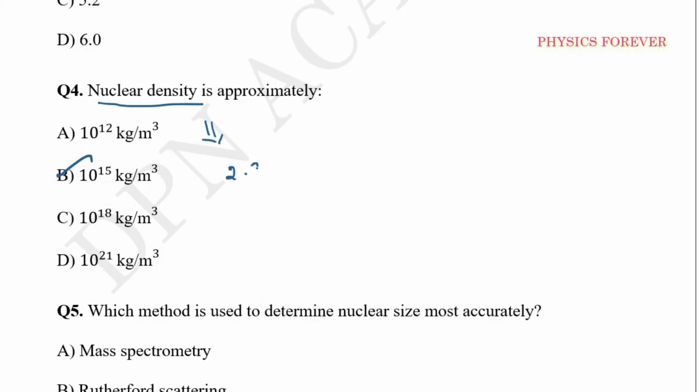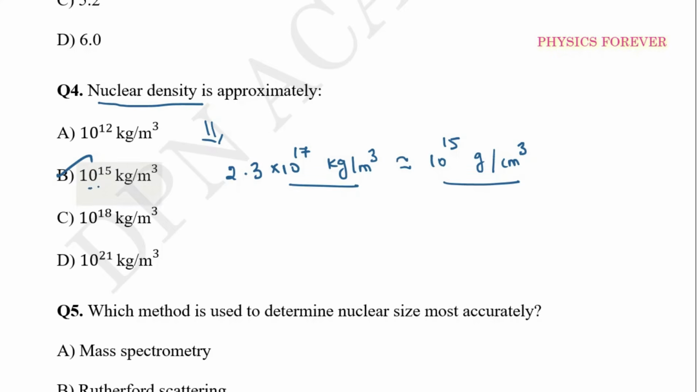That should be 2.3 into 10 power minus 17 kilogram per meter cube, which can be approximately written as 10 power 15 gram per centimeter cube, but this one is equal to this one. Here they have given only the power, so we have to choose this one. So the correct option will be B.